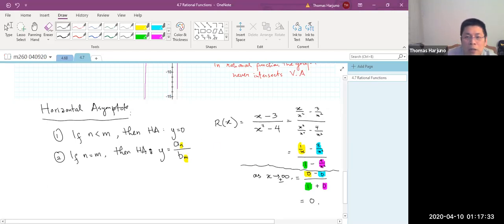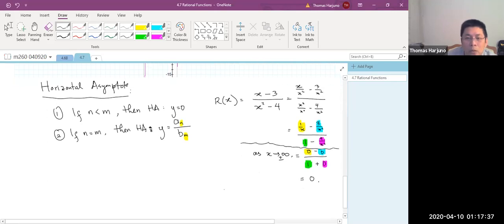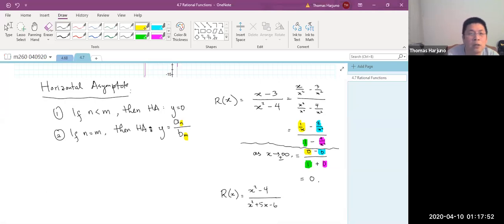Now, let's see an example. Suppose R of x equals x squared minus 4 over x squared plus 5x minus 6. According to our theory, this rational function has a numerator degree of 2 and a denominator also of degree 2.